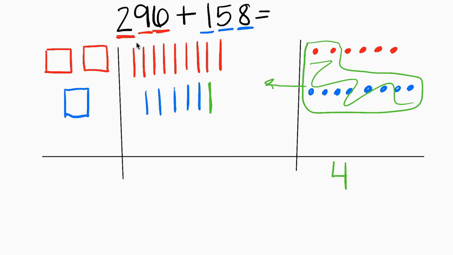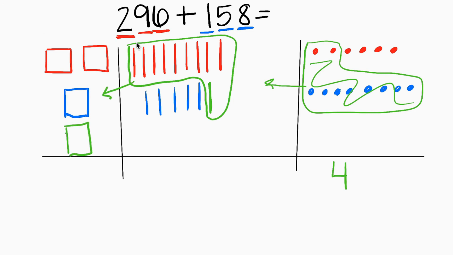Now let's look at the tens. Looks like we have 9, 10, 11, 12, 13, 14, 15 tens. So we can circle 10 of them and trade them up, carry them over, and create another 100. Just don't forget, you can't use those anymore.